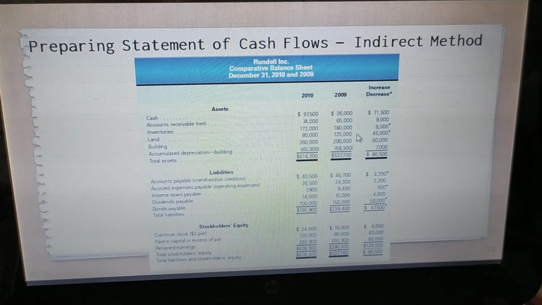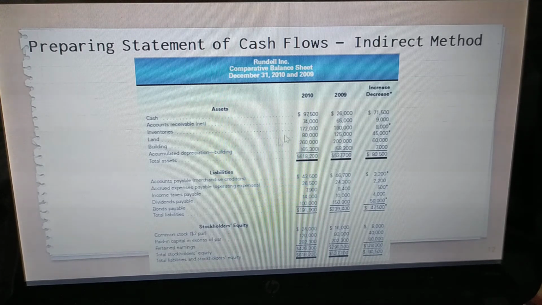For the current liabilities, we only take accounts payable, accrued expense payable, and income taxes payable. Dividends payable is a long-term liability.